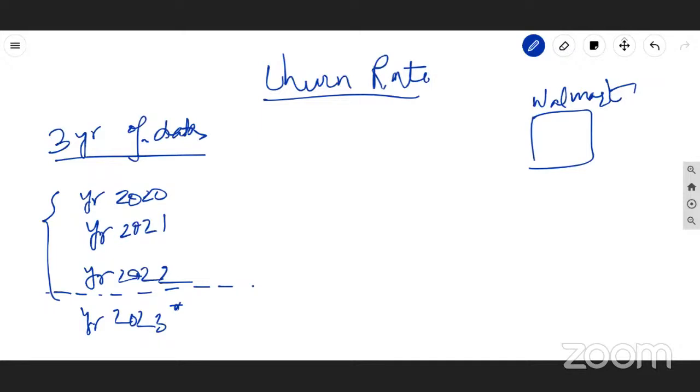Yes, yes. But how will you define that threshold, that this is a decreasing trend and this is an increasing trend? How will we define that threshold?